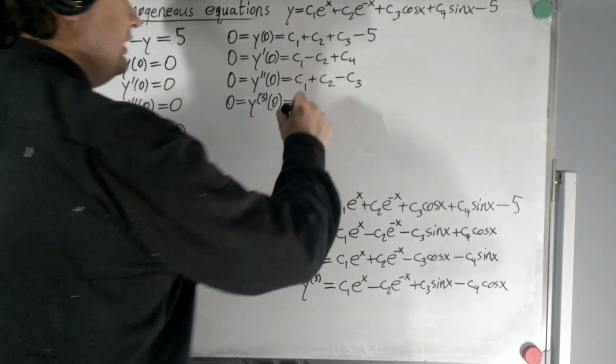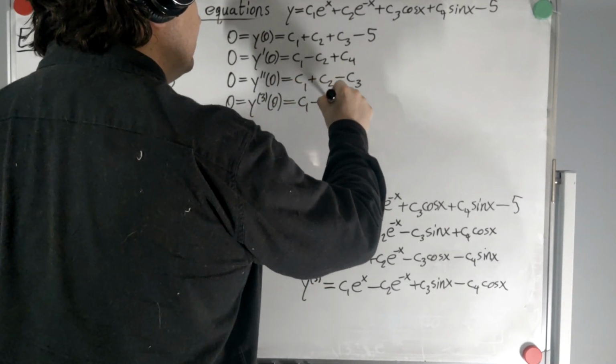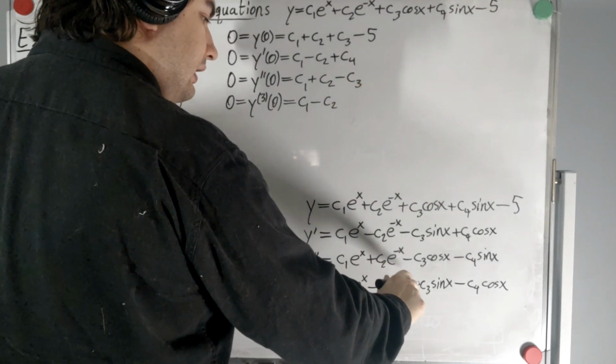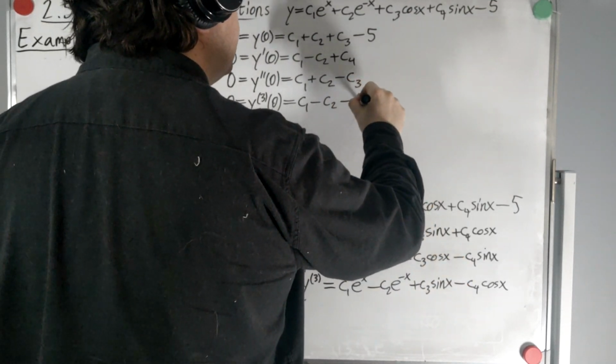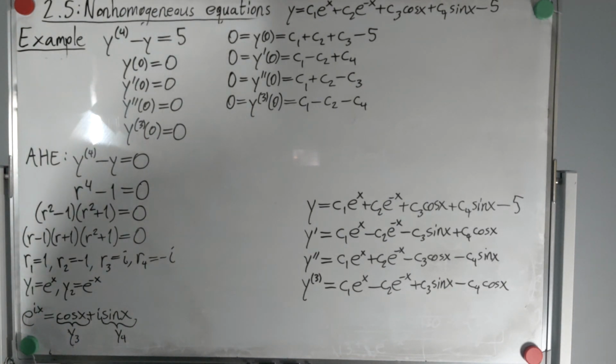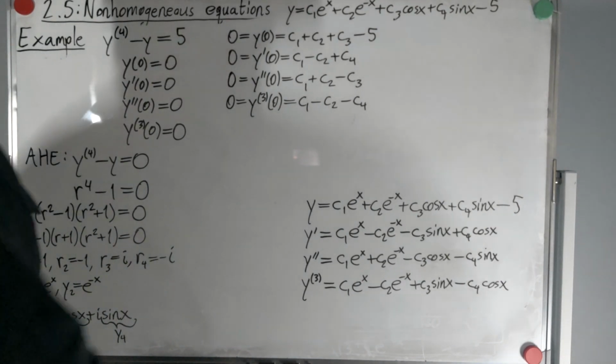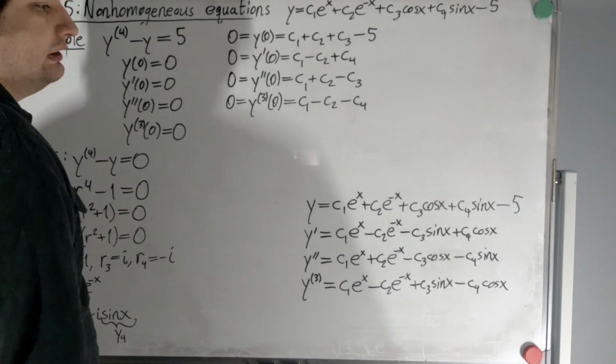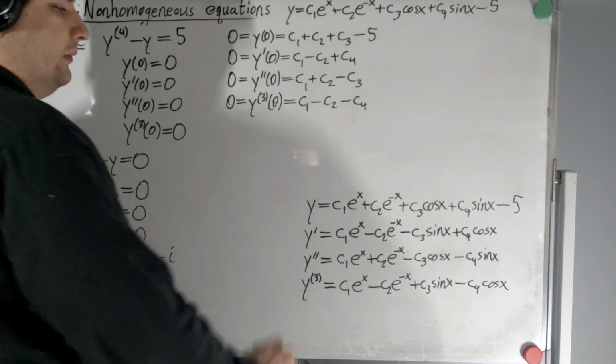So that's going to be c1 minus c2 minus c4. Okay, so then this is a system of equations that we can solve for c1, c2, c3, and c4.